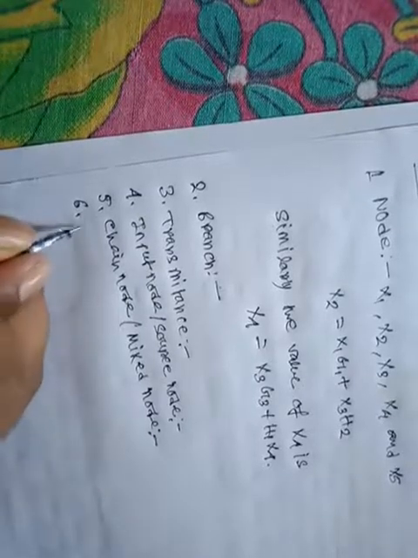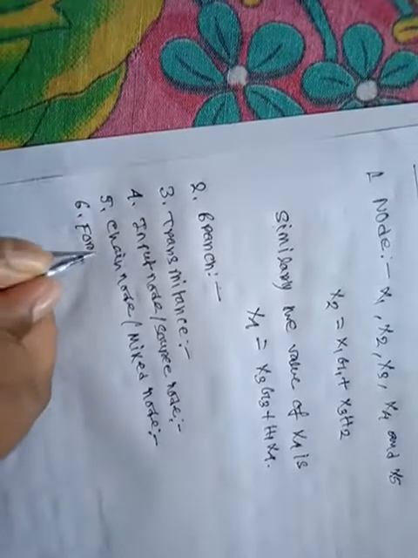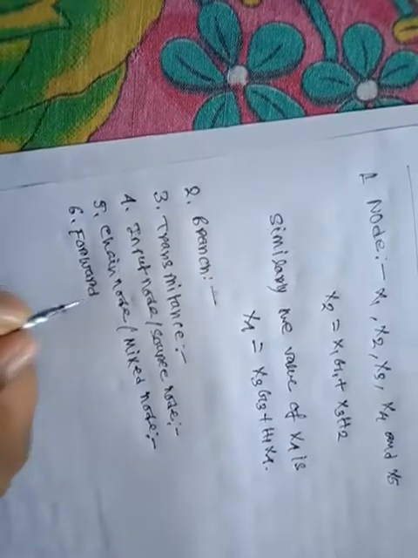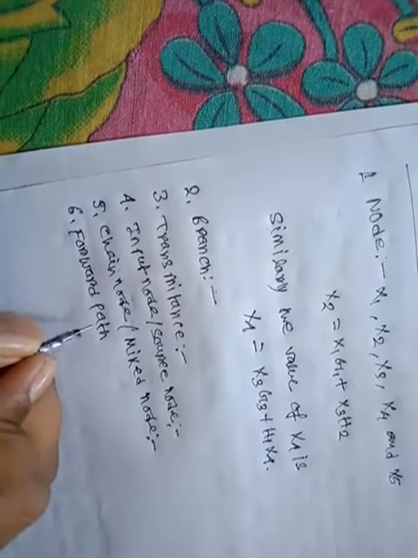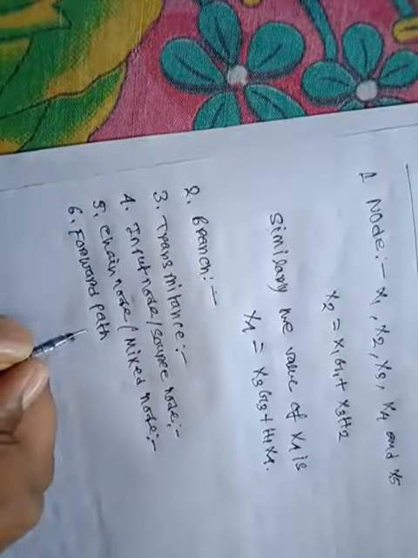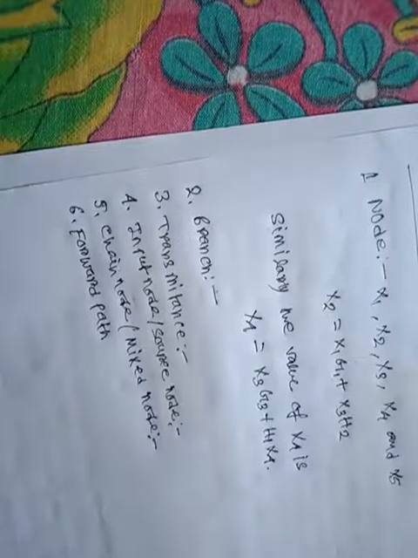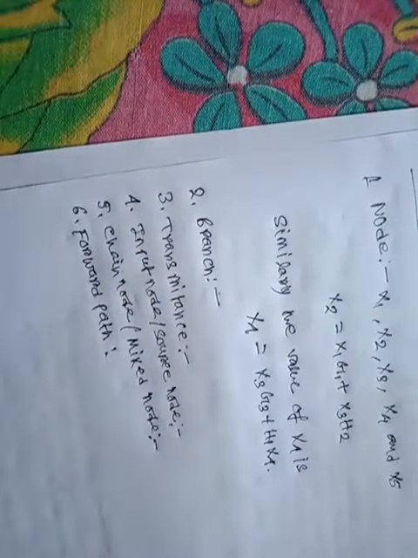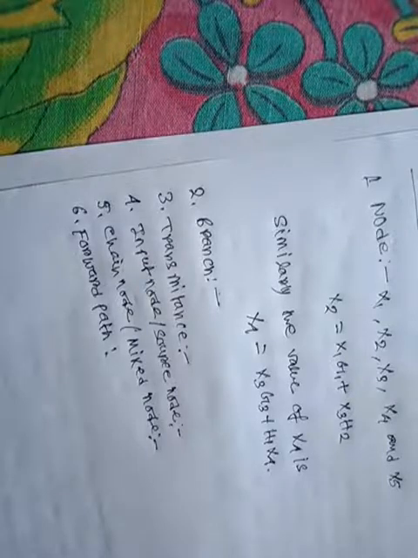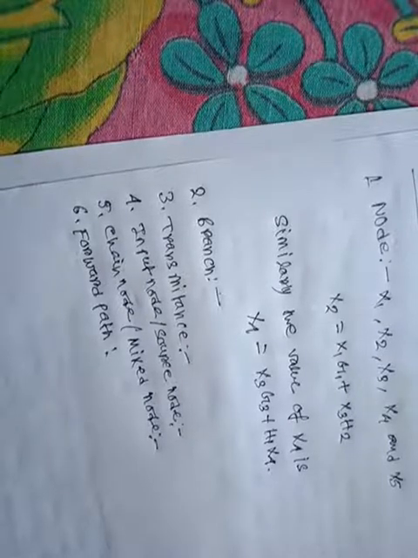Number 6, forward path. A forward path is a path from the input node to the output node.